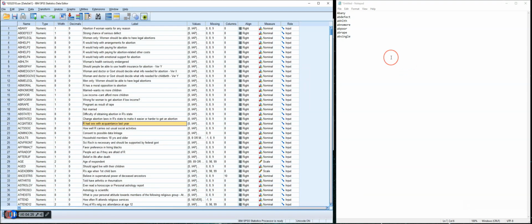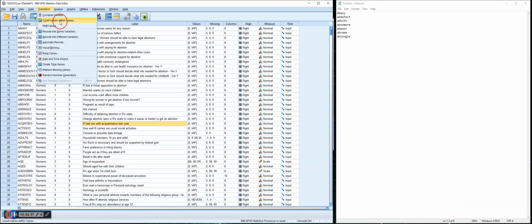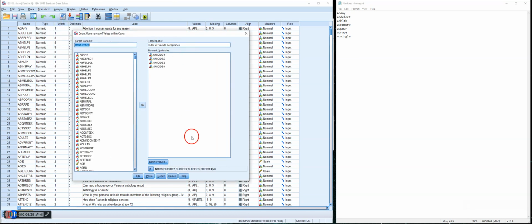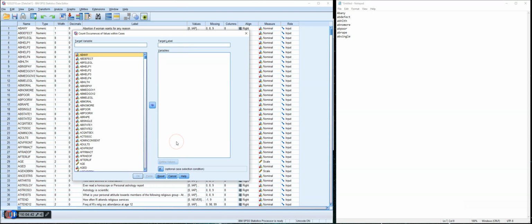All right, so we have 7 variables about the abortion. Okay, so let me try. In this case, we can use Count Values within Cases. It means that we want to count some specific answers. In those variables, number 1, the yes, was agreeing about the abortion, and coded as 2 was no, they are not agreeing about the abortion.